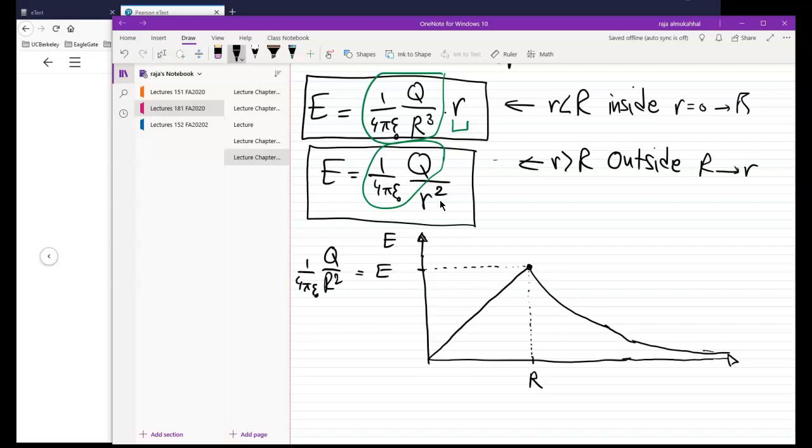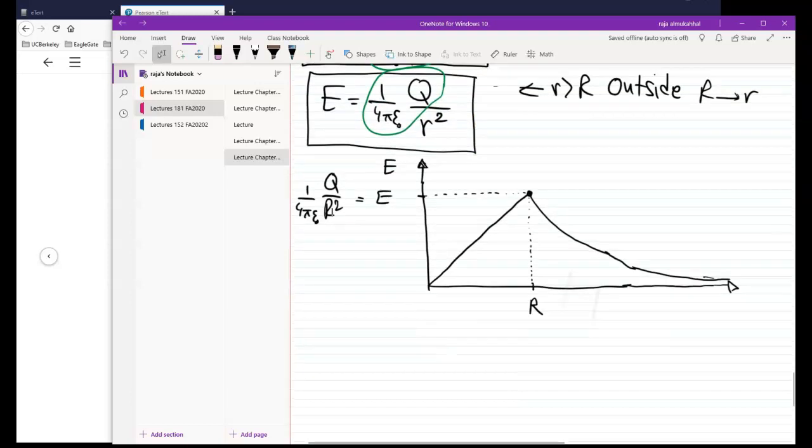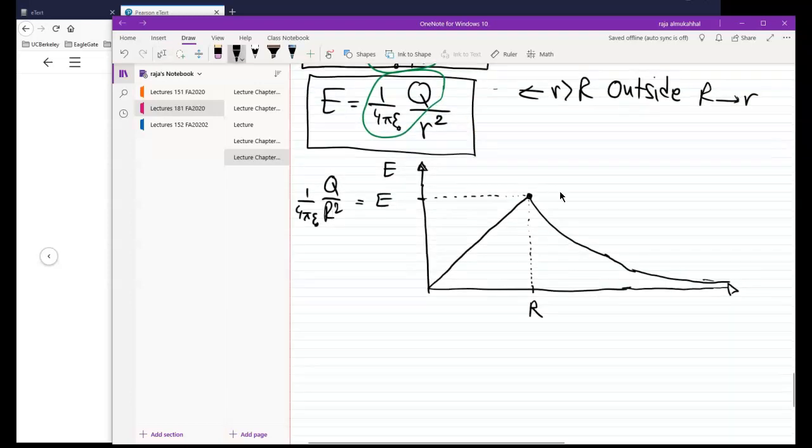Okay, so let's see, what's the meaning of that? Well, here is the surface of the sphere that we're talking about, and it's a non-conducting sphere. So let's assume that I'm walking from inside the sphere to the outside. Here I am, figuratively speaking.